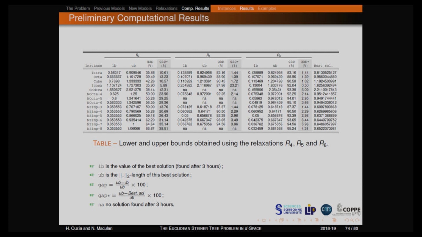But for this one here, the R4, I think you have the bound better in this sense. And it is very interesting because the solution here is larger than the other ones. This one is the same, 0.5, 0.1, you see? The lower bound is best here.